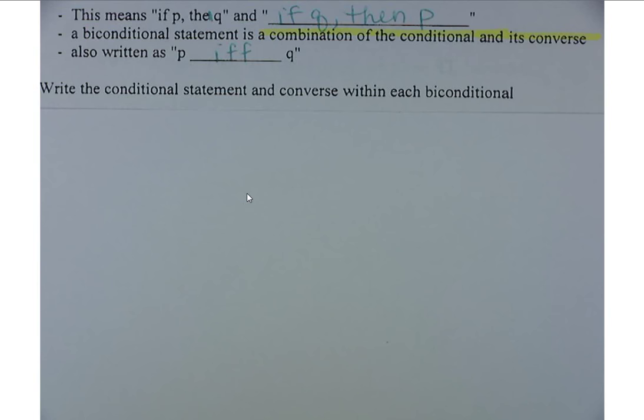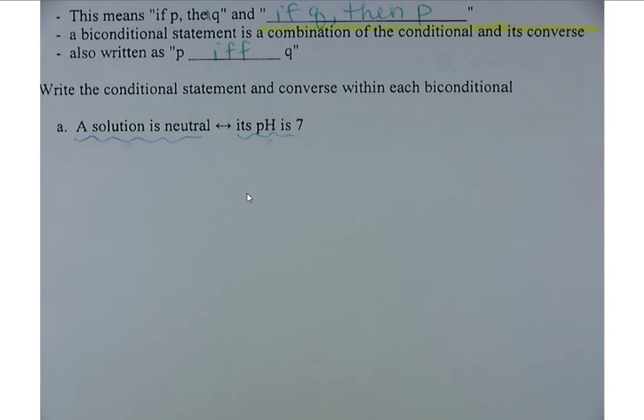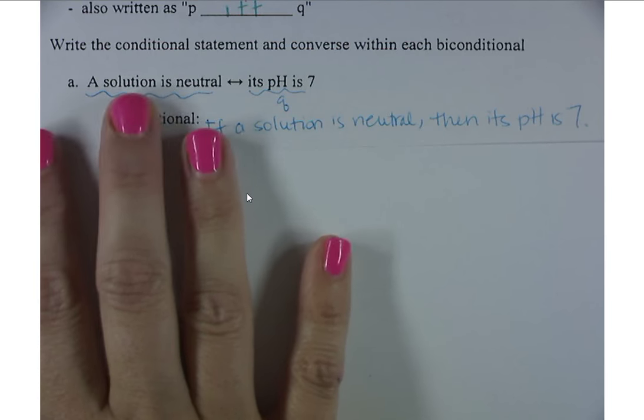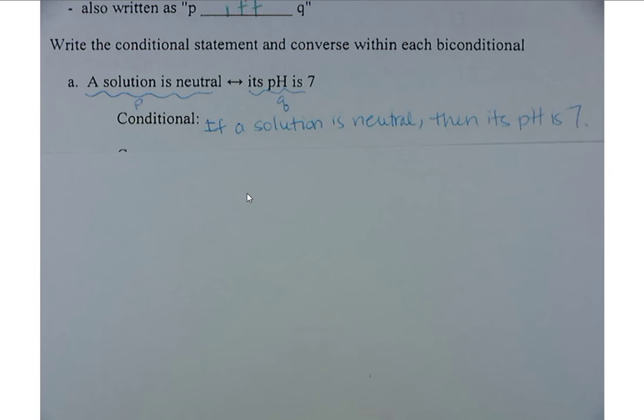Okay, so I'll help you with the first one, the conditional. So we're going to start off by saying if a solution is neutral, then its pH is 7. Notice that I underlined the P, the hypothesis, and I underlined the Q.